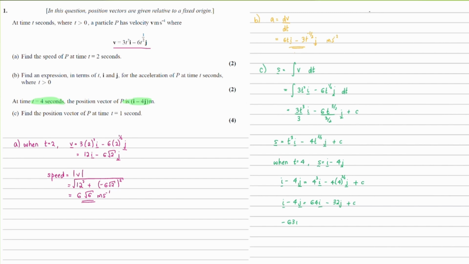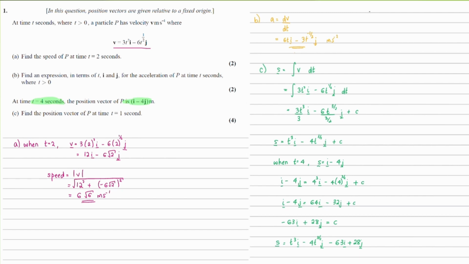And if we add 32j on both sides, this gives us plus 28j. And that is our constant, which we can now replace into our equation for displacement as s equal to t cubed i minus 4t to the power 3 over 2 j minus 63i plus 28j.